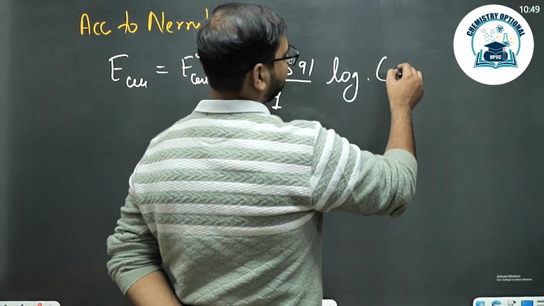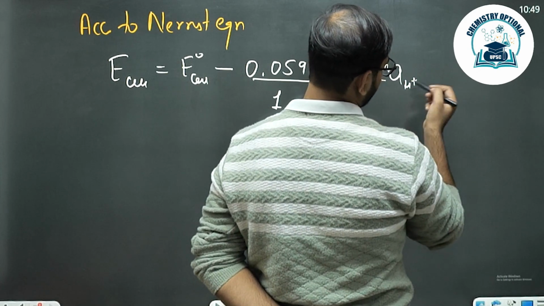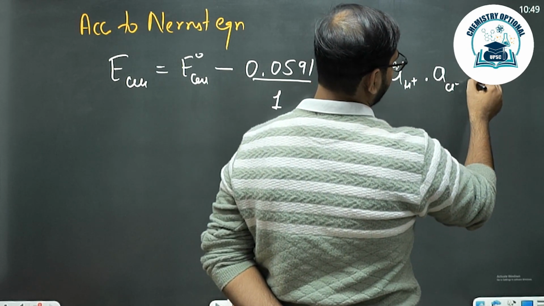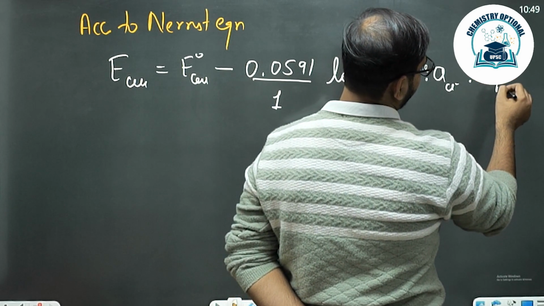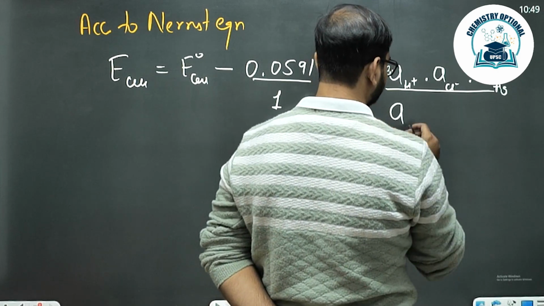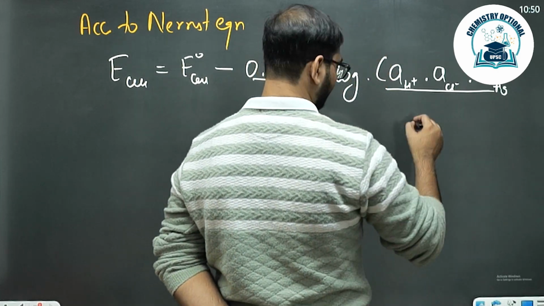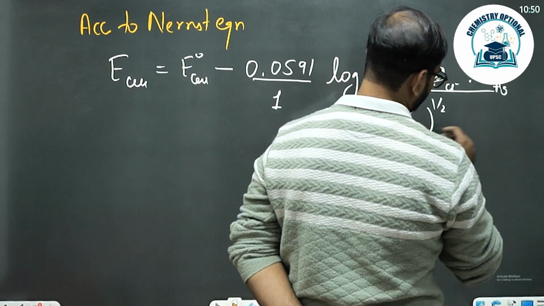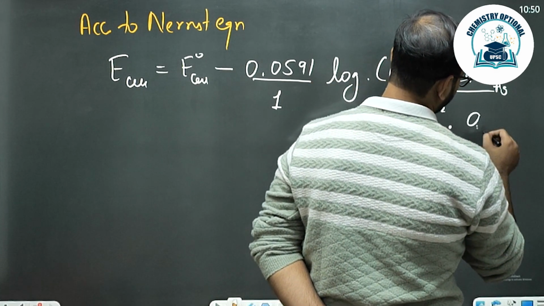So here I can write activity of H plus ions multiplied by activity of Cl minus multiplied by activity of Ag, divided by, not activity, pressure of H2 raised to its stoichiometry, and activity of AgCl.